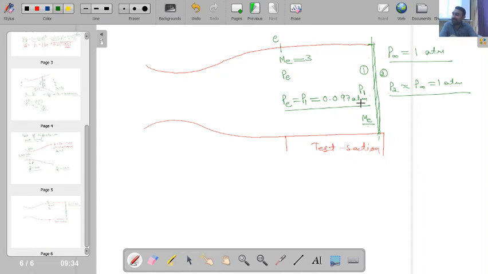Fine. Now I know this exit pressure and I know this throat area. These two parameters are known to me.